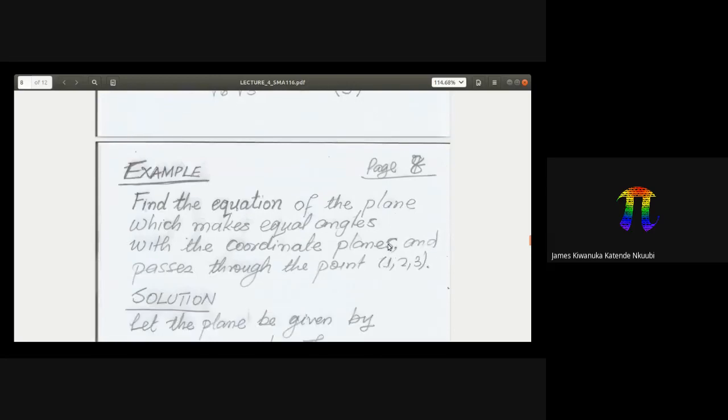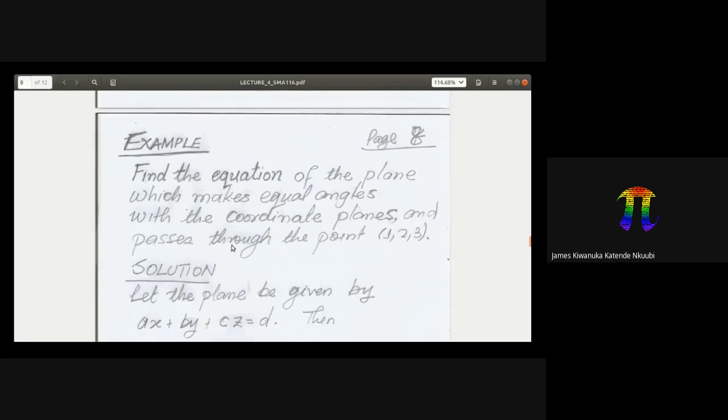So here's another example. This one says find the equation of the plane which makes equal angles with the coordinate planes and passes through the point 1, 2, 3.